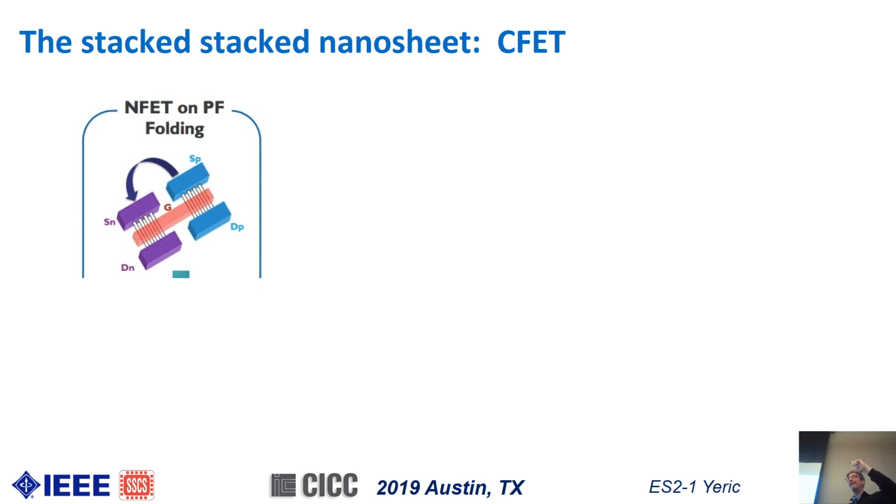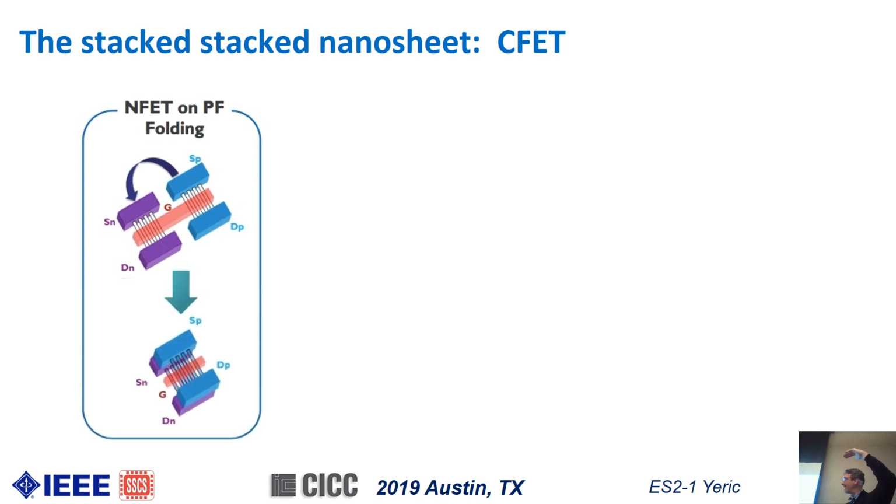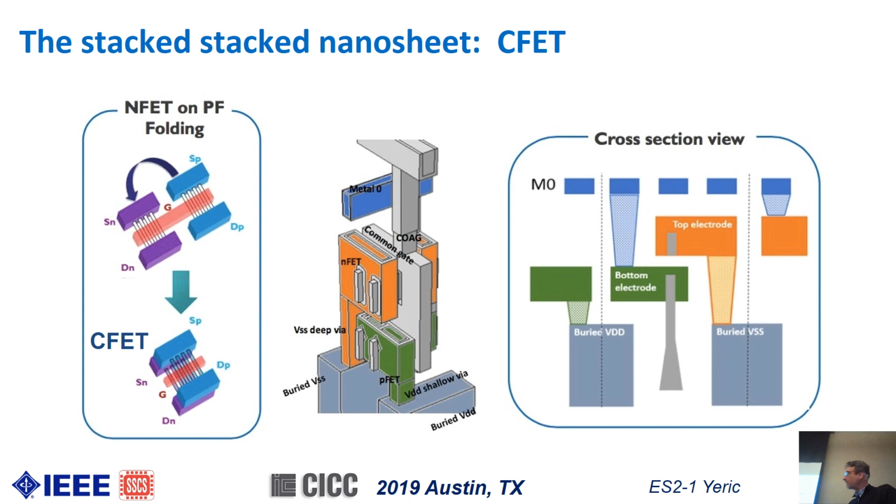So we already have the technology for stacking these N or P nanowires, and the idea is we'll figure out how to stack N on top of P, and that'll give us a Moore's Law node of shrink. This is called the CFET, complementary FET, where you're looking down on it, and you've got N and P just in your floor plan. This is kind of what it looks like from a cross-sectional view.